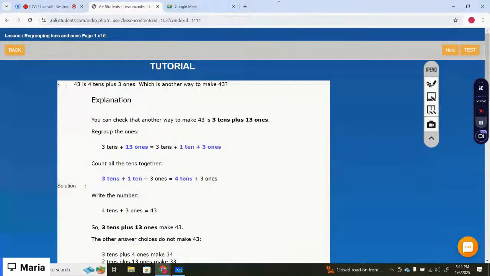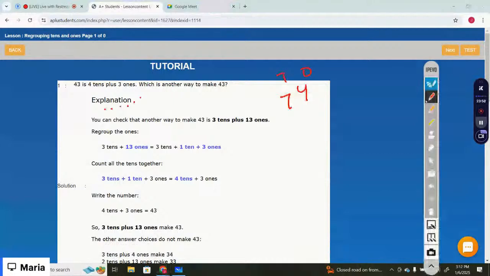So you have to find another way that makes 43. You are given three options, I think, or four. But here you're not given the options, that's a tutorial. The only option you are given here is the explanation: 3 tens and 13 ones.